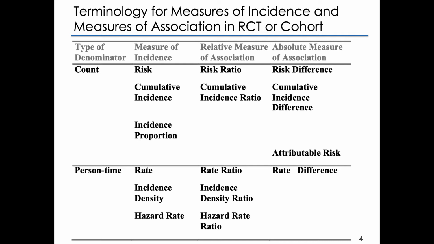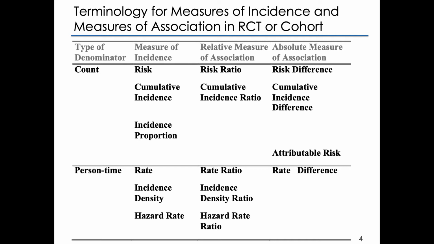So in the table, we see that the first two columns on the left, the type of denominator might be a count, and then in the second column, the measure of incidence that you can create based on a count denominator might be called a risk. It might be called a cumulative incidence, and it might be called an incidence proportion. And again, these are all things covered in a previous module.